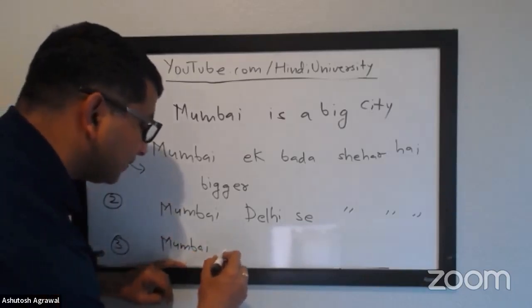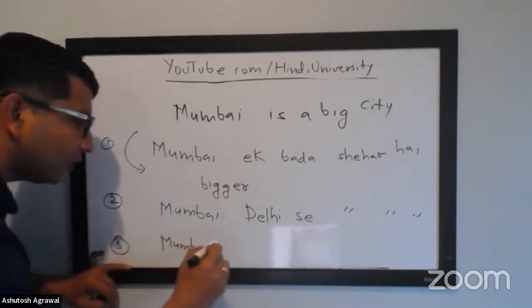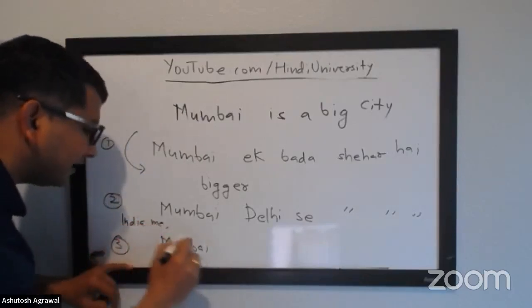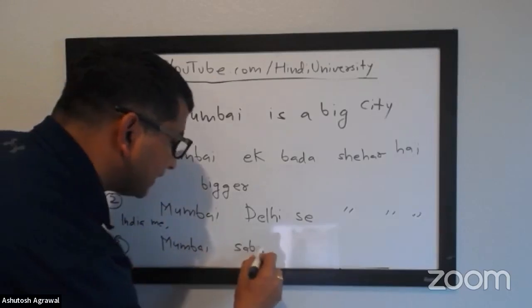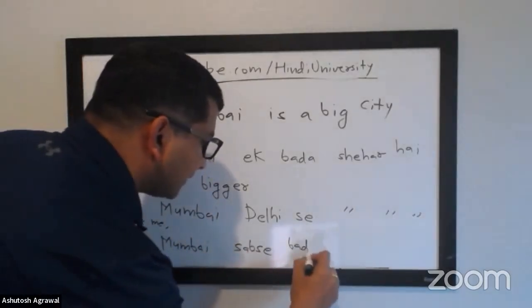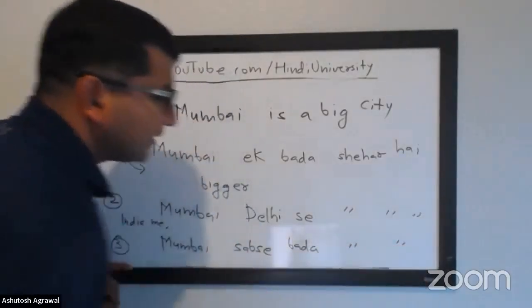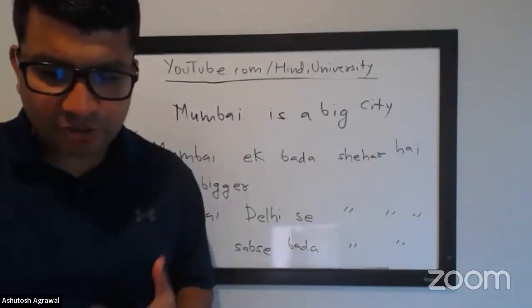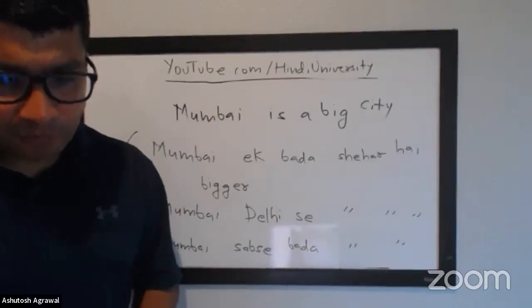Okay, so you can say India में and Mumbai. इंडिया में मुंबई सबसे बड़ा शहर है. Okay, great job. Any questions, anyone? Hopefully, it should not be a surprise. Hopefully, it should be easier.